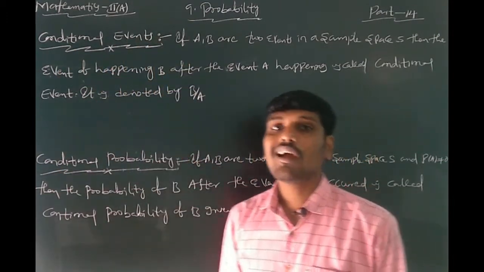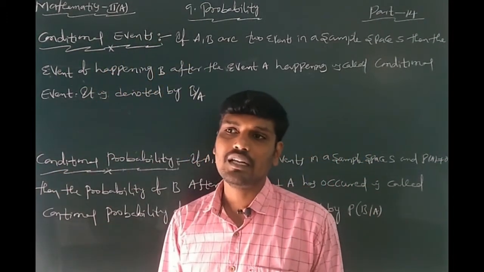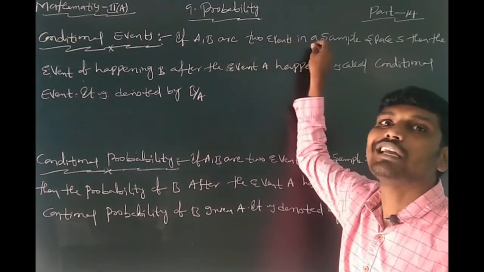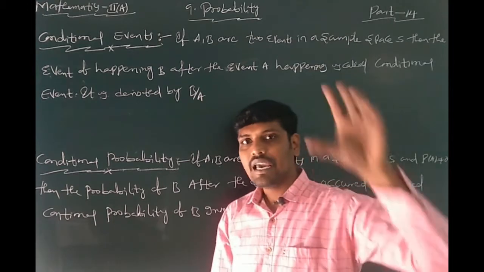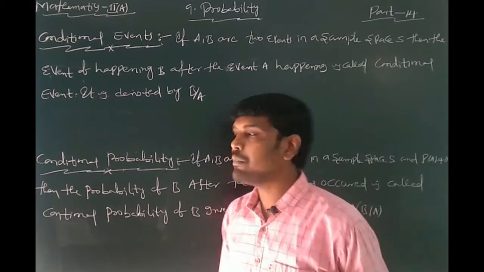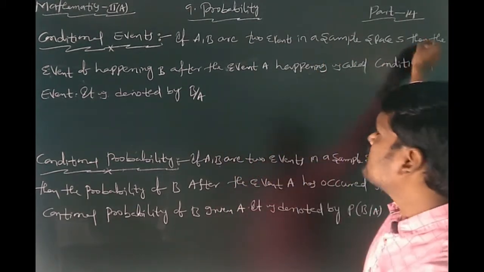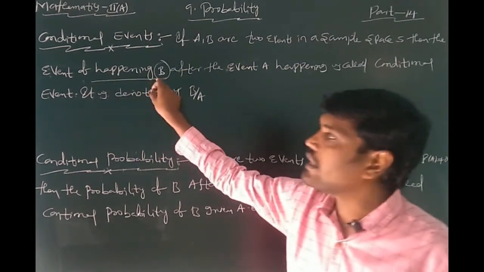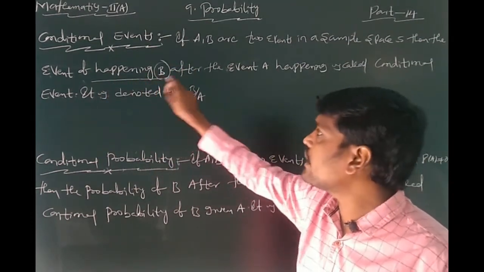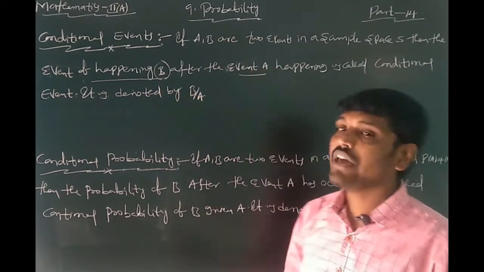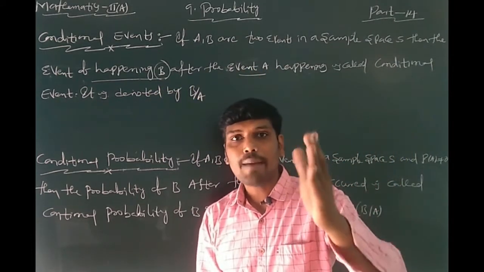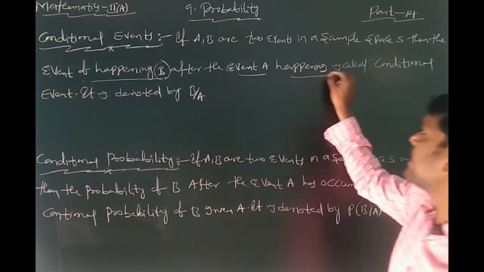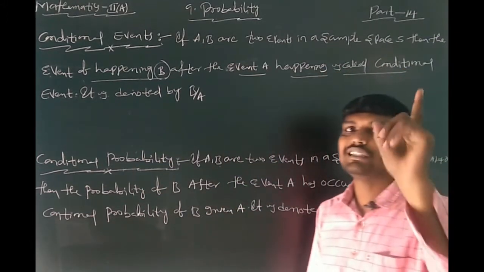Which definition? Conditional event. What is the conditional event? Here A, B are two events in a sample space S. Then the event of B happening after the event of A happening is called a conditional event.